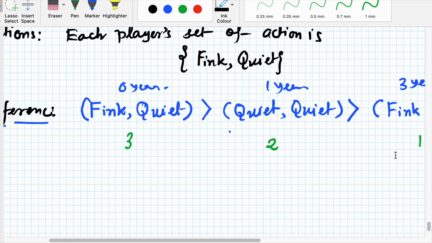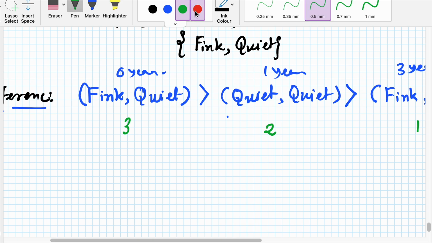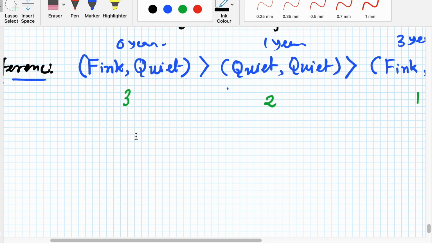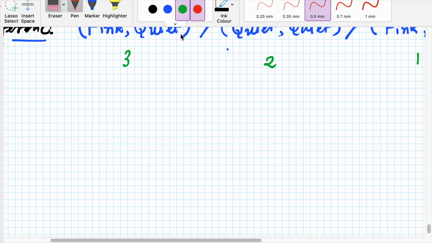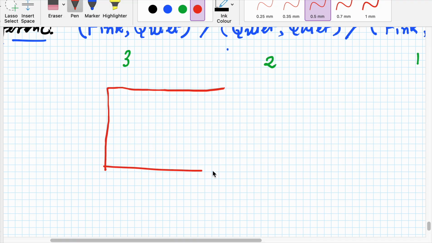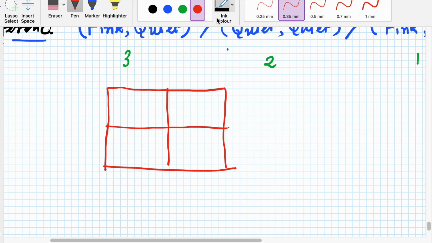The same situation will be true for both of them. Then we can write a game which is like this. Now suppose this is suspect 2, and this is suspect 1.